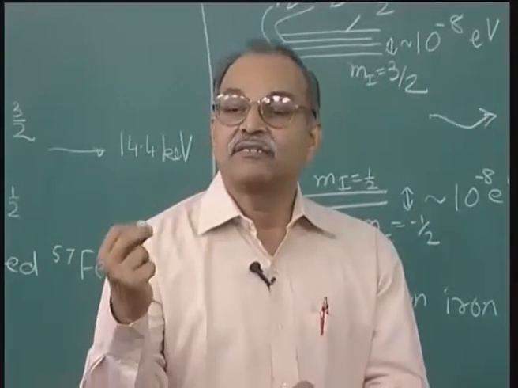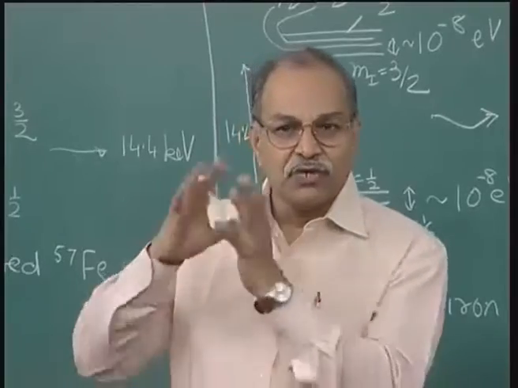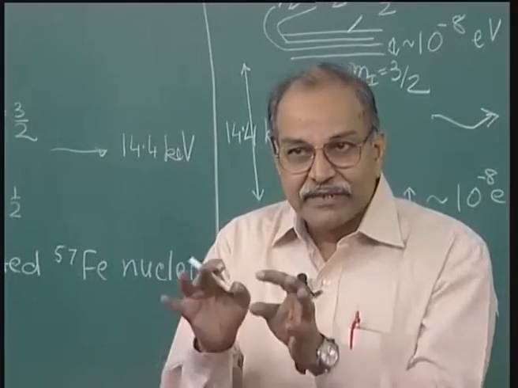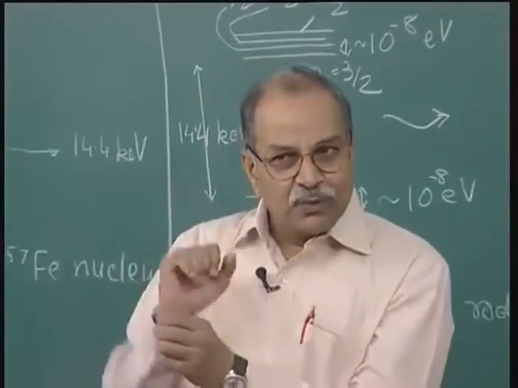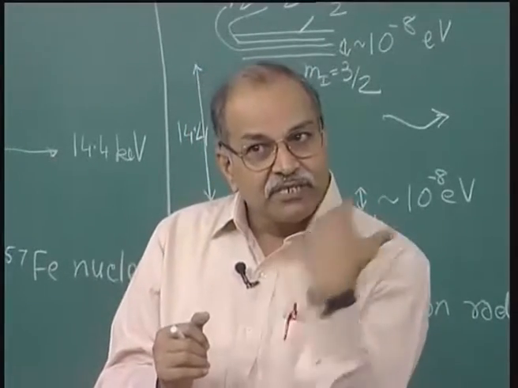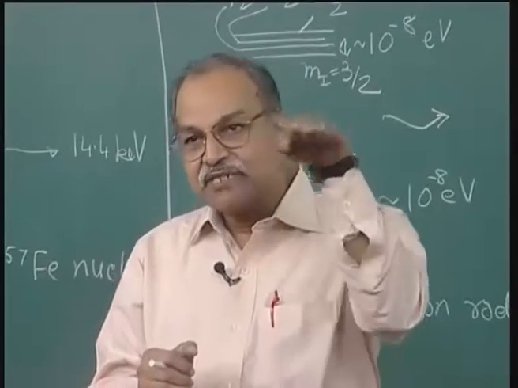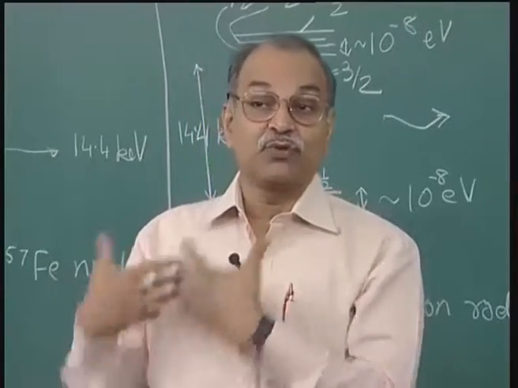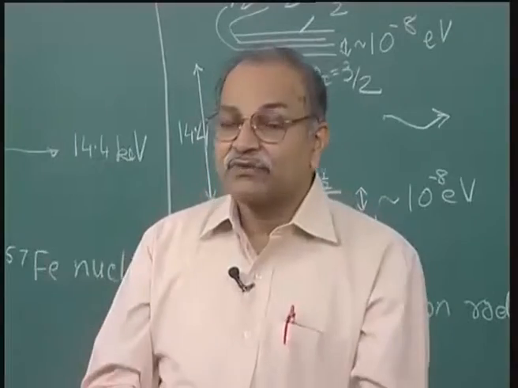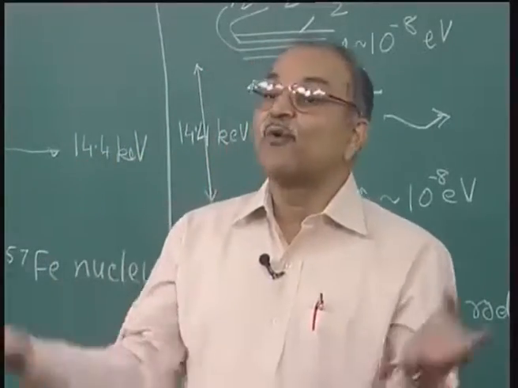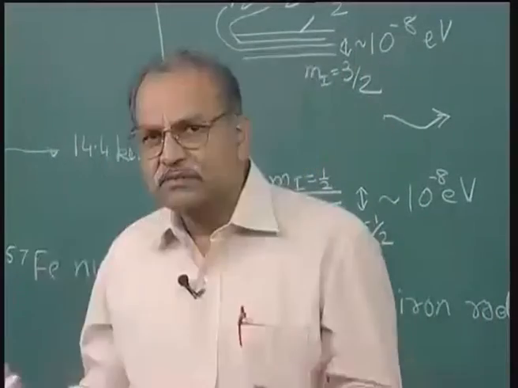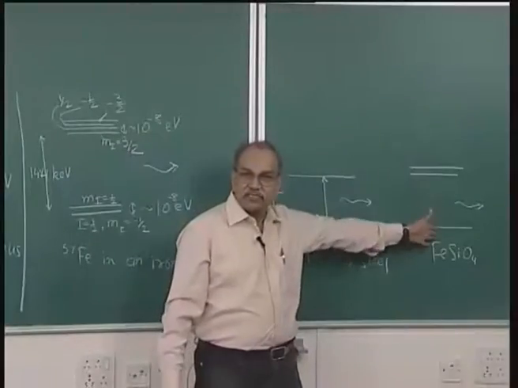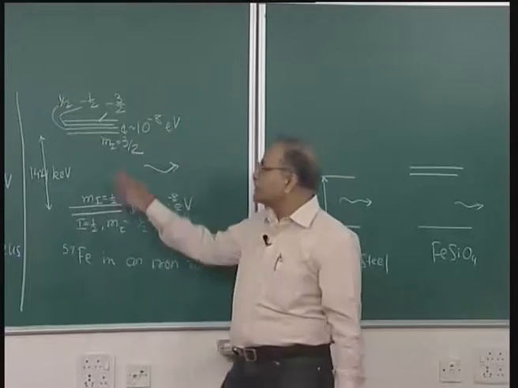environment around iron 57. If I do not know what some material that has come from space is, but iron or some Mossbauer isotope is there, and if we can measure these gamma rays coming from this iron 57, then we can come to know what kind of environment it is, what kind of s electrons there are and how much the overlap of these electrons is, or what the arrangement is, cubic or non cubic, which will split and give me this type of structure, or whether there is a ferromagnetic coupling, which will give me this type of structure.